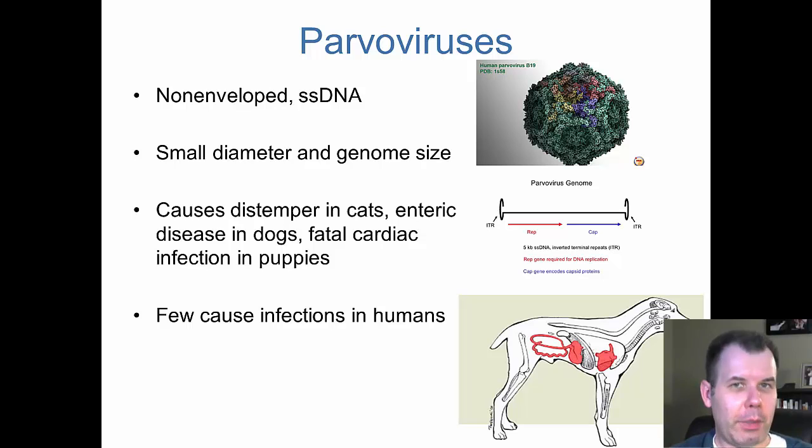So it does happen in certain situations. I don't want to say it's very rare, but it is a rare disease in humans. Typically, you're going to see this more in your dogs and cats, and it can cause a very nasty disease in both that can lead to death. So again, vaccination is the primary key to preventing that.